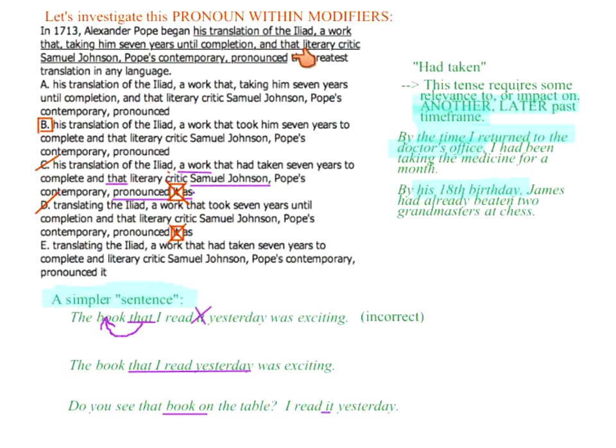But unless there is that sort of relevance or relationship, you don't use that tense. I don't really remember what it's called.